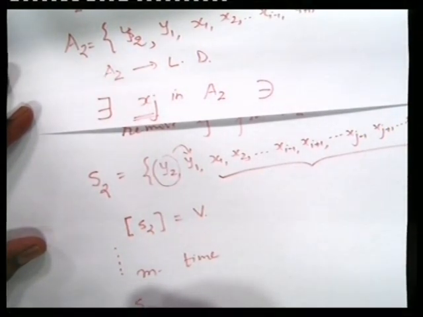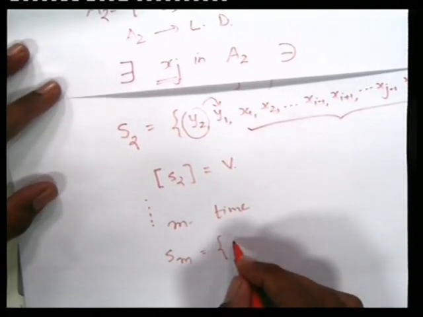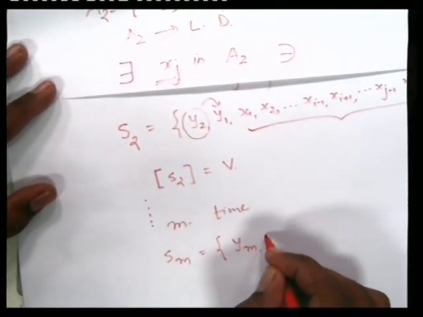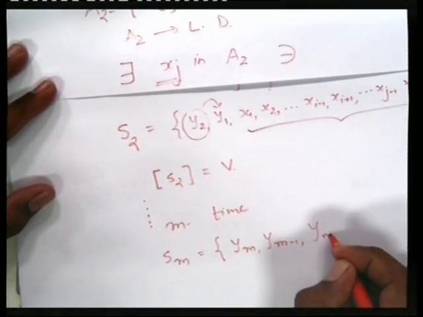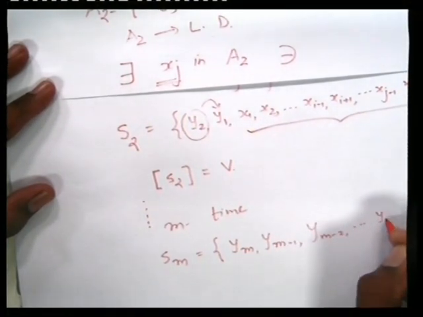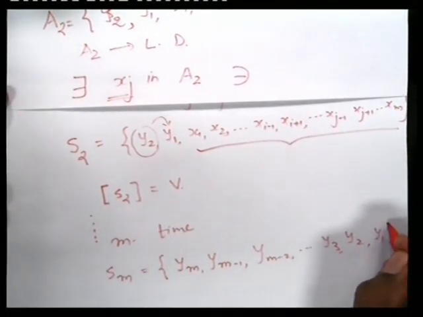then we get Sm as ym, ym minus 1, ym minus 2, up to y3, y2 and y1.